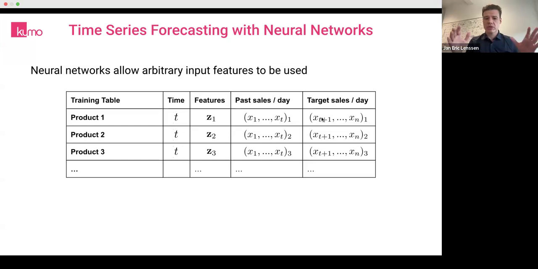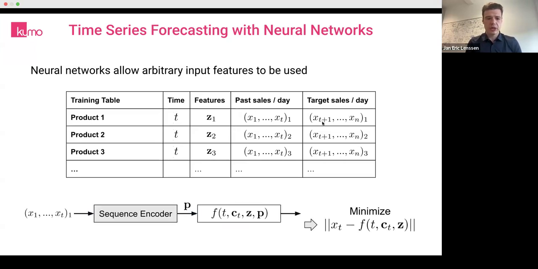Importantly, you can also construct this training table for different t's. So for each entity, you might choose different t's as examples, so that you have more diverse training data over multiple points in time. And then you can train a neural network, which essentially encodes your past using a sequence encoder, and puts that as a feature into this function f, which is also a neural network. And then you minimize some mean squared error, for example, to train this network to perform point prediction for the future.